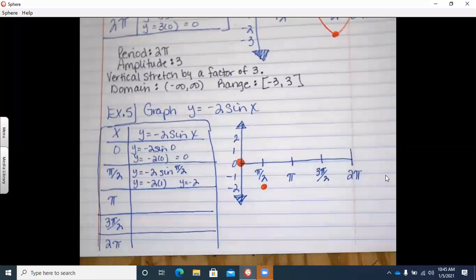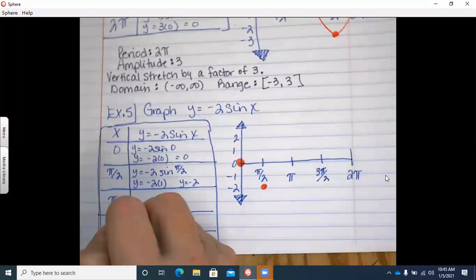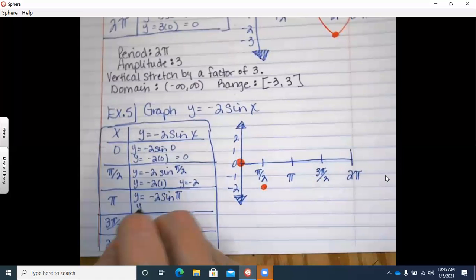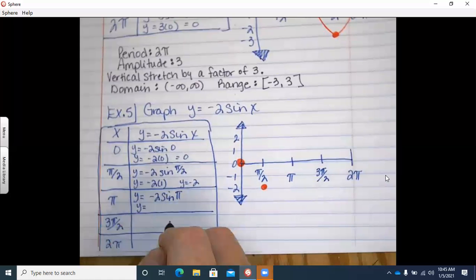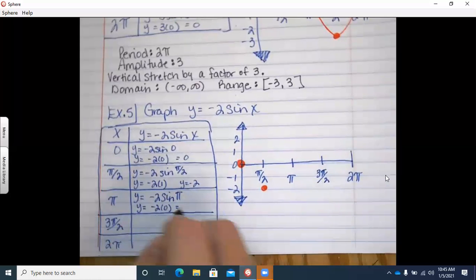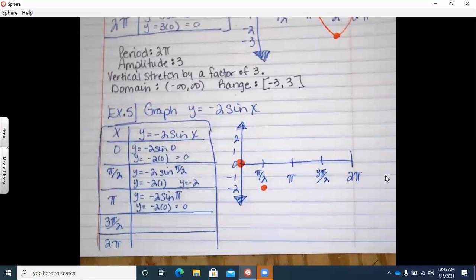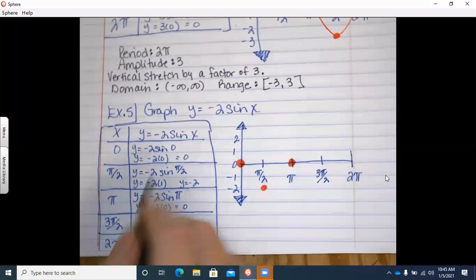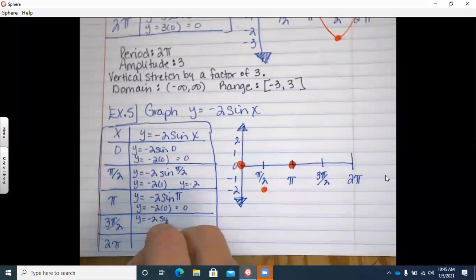So we'll find y equals -2 times the sine of pi. The sine of pi is 0, so -2 times 0 gives me 0. Now we'll find y equals -2 times the sine of 3/2 pi.